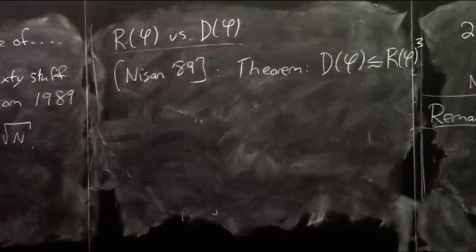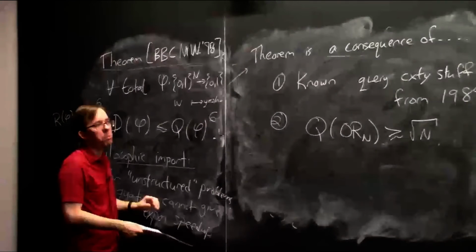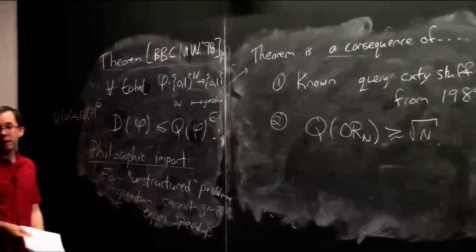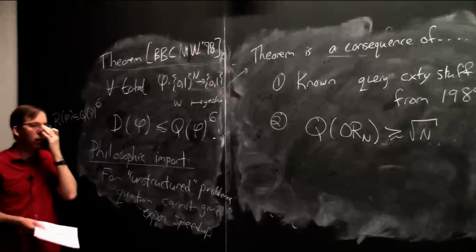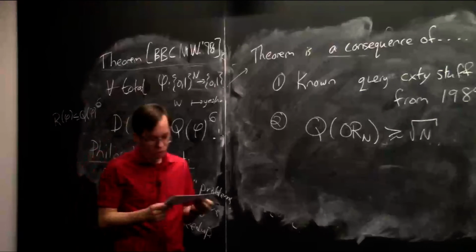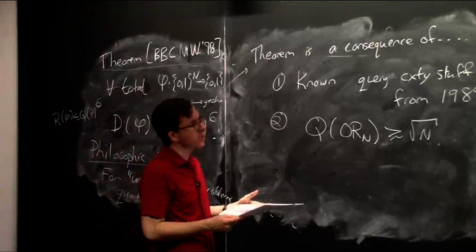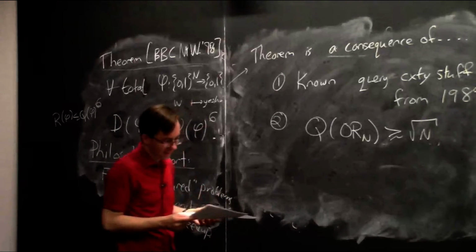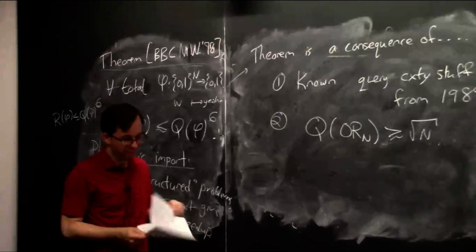And so you could say exact same philosophic import, for unstructured problems, randomized can never give you more than a polynomial speed up over deterministic, at least in the query model. So it's kind of interesting. You have the exact same philosophical conclusion.